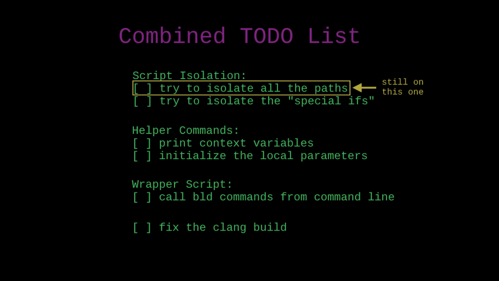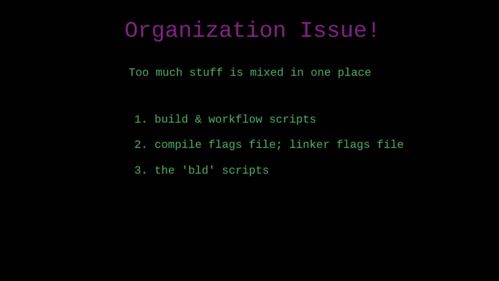The last thing I would like to isolate is the compiler flags and linker flags so the user can control where those are placed. And as I was thinking about doing that, I realized that I've always just mixed my build scripts that control my workflow, the flags files for all the flags that get passed to the build system, as well as the BLD script itself.